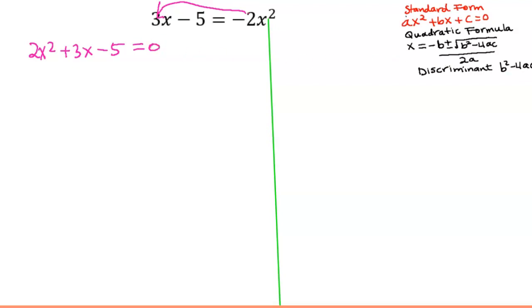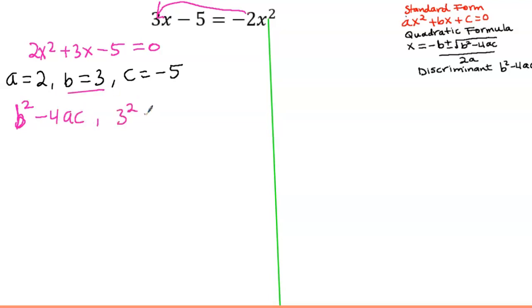So this is the first. Now we need our a, b, c, because now it's in the standard form. Our a is 2, our b is 3, and our c is negative 5. Let's use the discriminant. The discriminant is b squared minus 4ac. So the b, 3 squared minus 4.